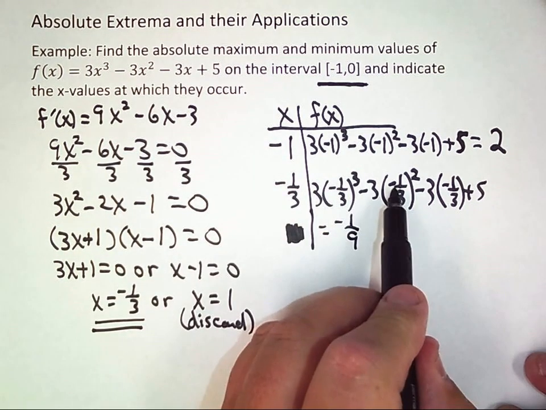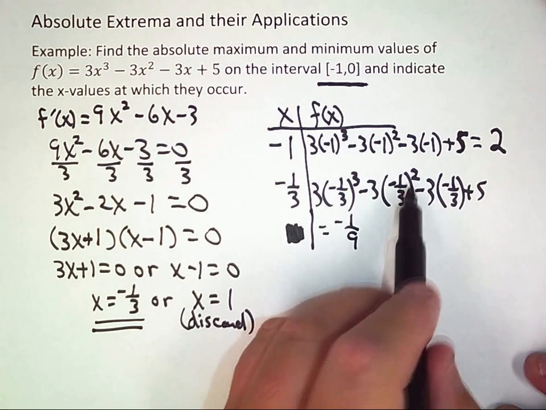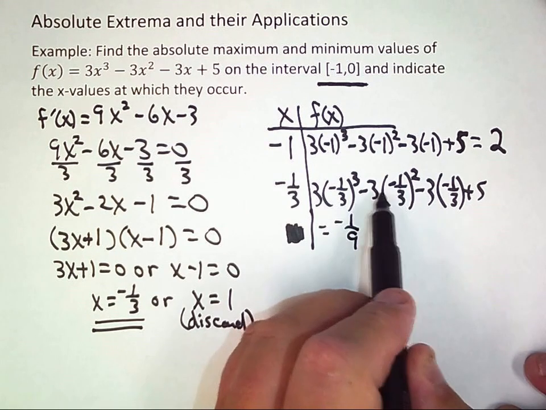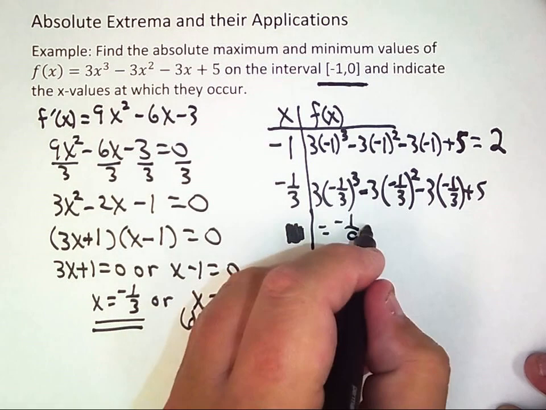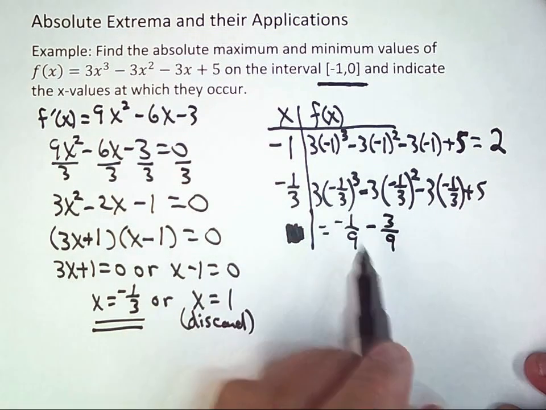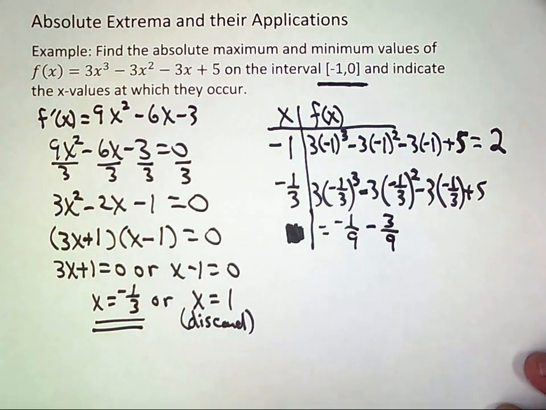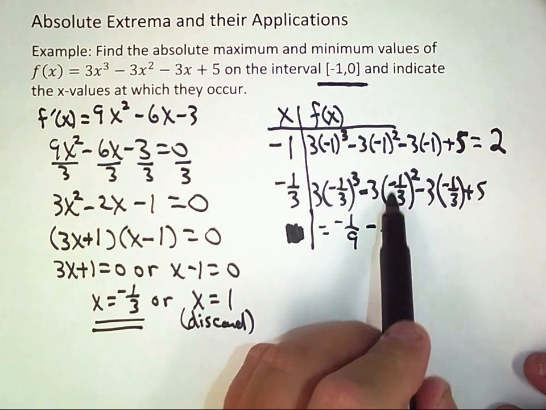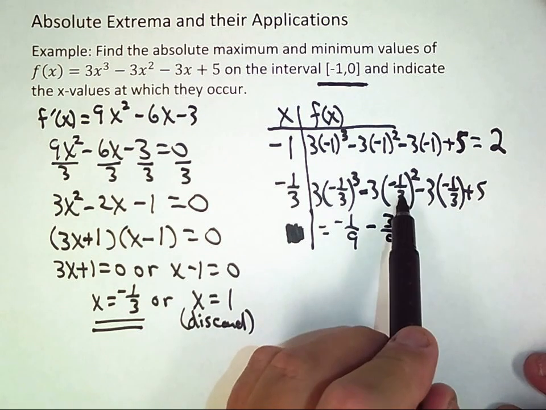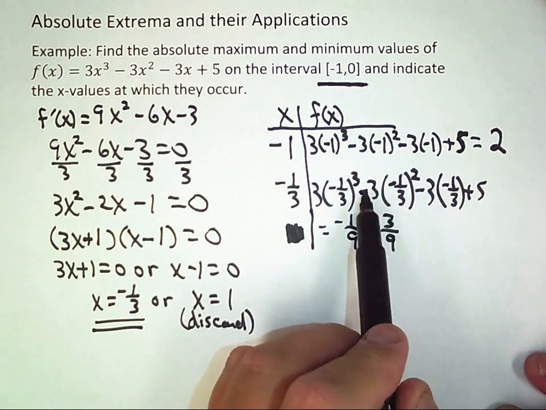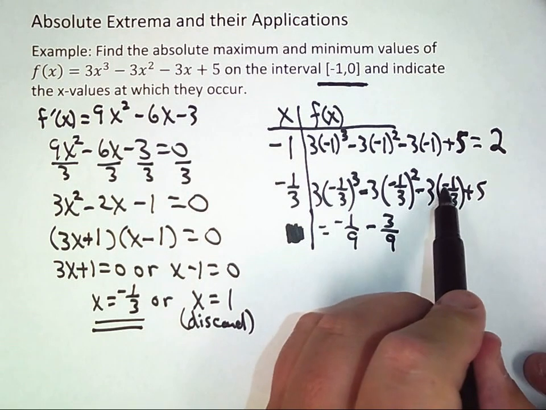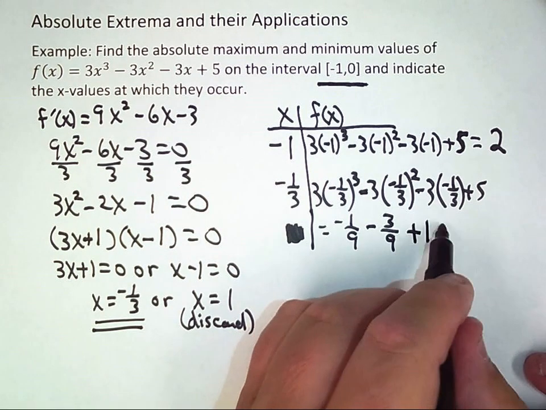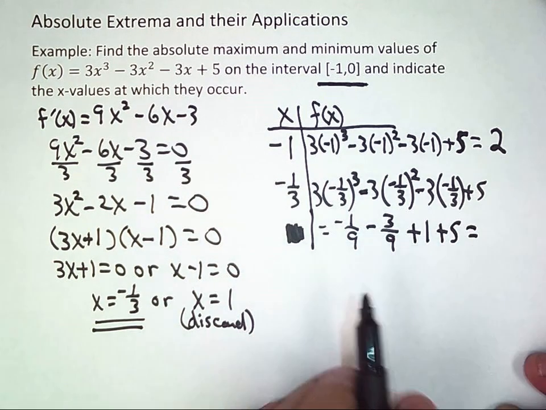And then you're going to square a -1/3, which makes a positive 1/9, and multiply it by 3, so it'll be 3/9. But it's negative because of this sign, so it'll be -3/9. That would actually reduce, but because these are both ninths, I think I'll leave it. Then you've got a -3 times -1/3 is a positive 1 plus 5.